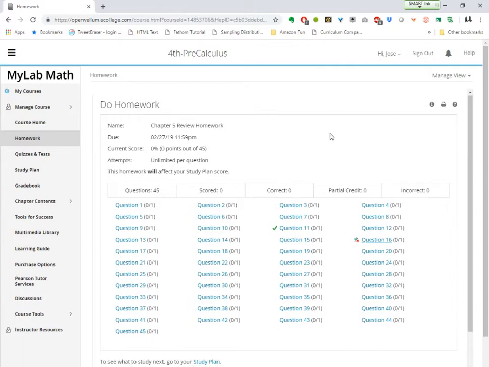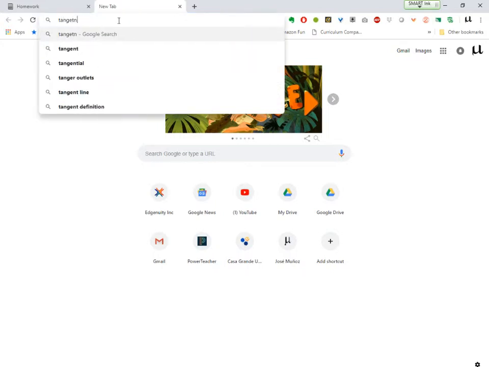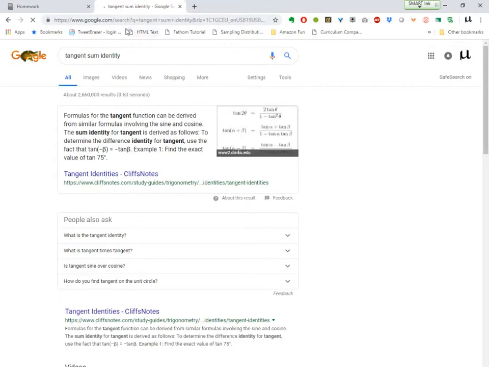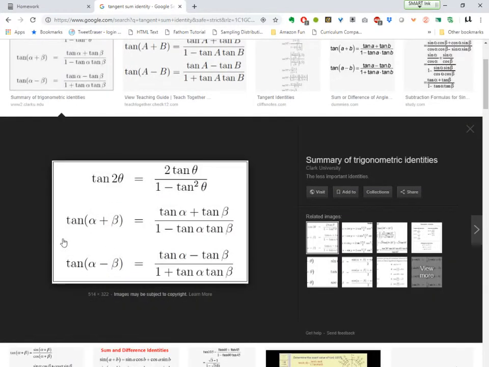So let me search it. Do you have it? I didn't find the tan. Let's see here. Oh, that's a no, that's a double. Oh, here it is. Can you see it? Oh, that's nasty. Tan alpha plus tan beta over 1 minus tan alpha tan beta.